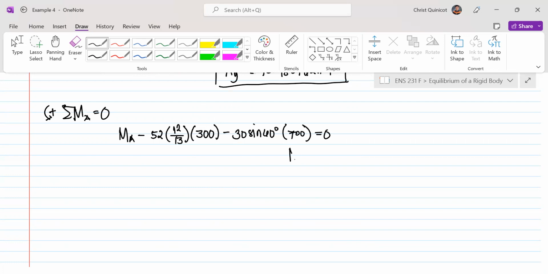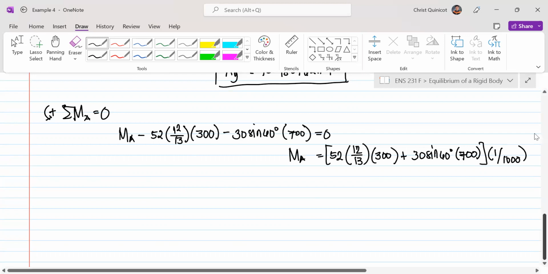So moment about A counterclockwise is equal to 52 times 12 over 13 times 300 plus 30 sine 60 degrees times 700, and all of this is multiplied by 1 over 1000 to convert mm to m.